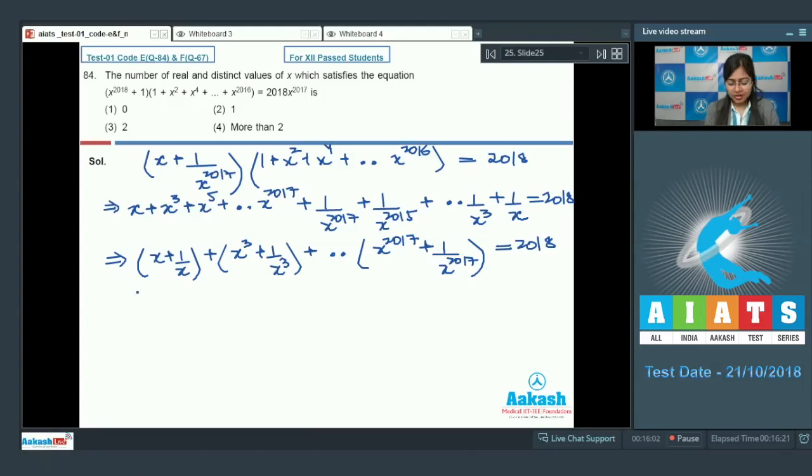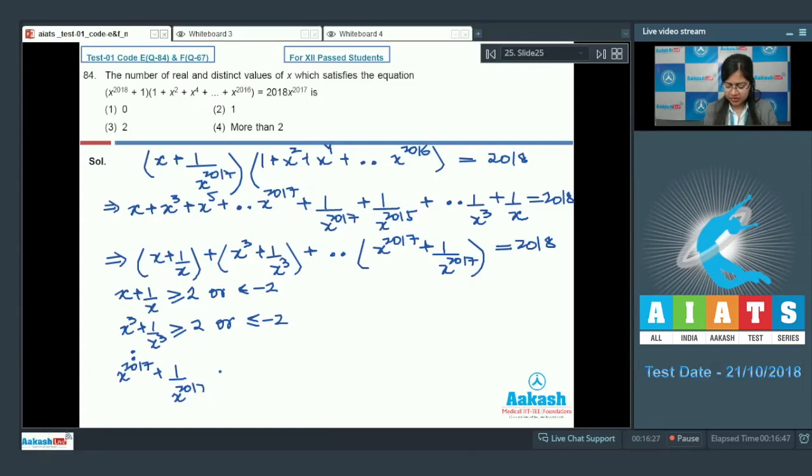Now we know that x plus 1 by x is always greater than or equal to 2 or less than or equal to minus 2, and similarly the value of x cube plus 1 by x cube is also either greater than or equal to 2 or less than or equal to minus 2. So it will go up till x raised to the power 2017 plus 1 upon x raised to the power 2017, which is also greater than or equal to 2 or less than or equal to minus 2.